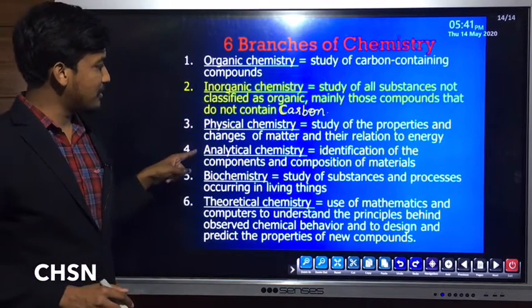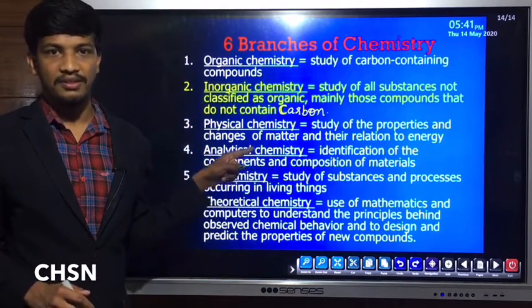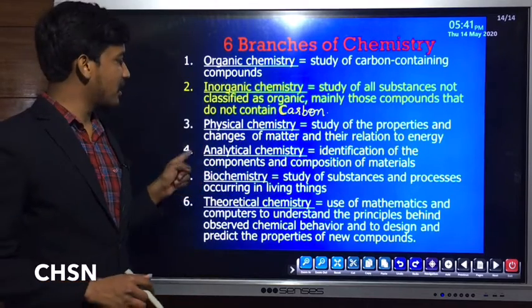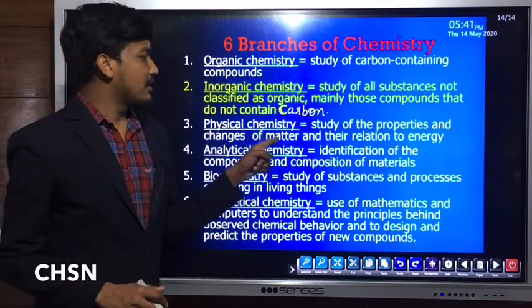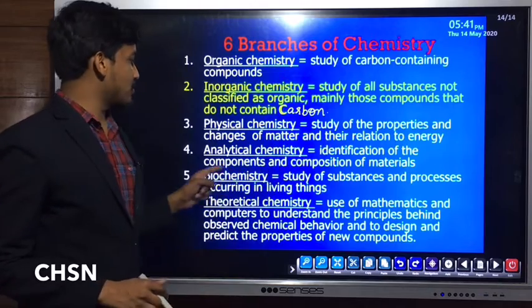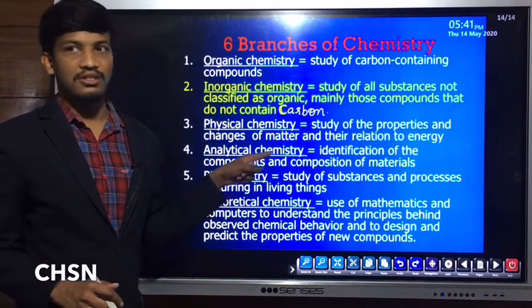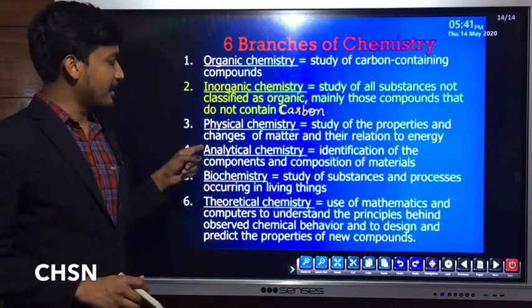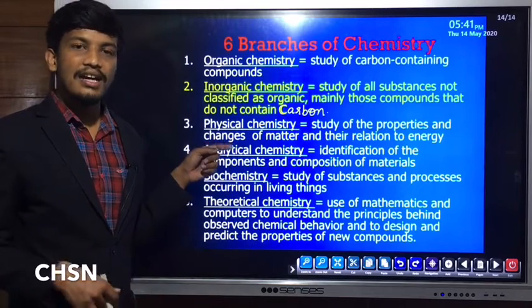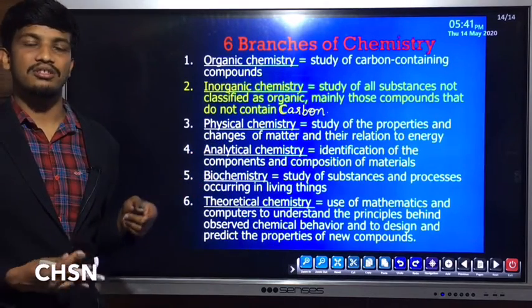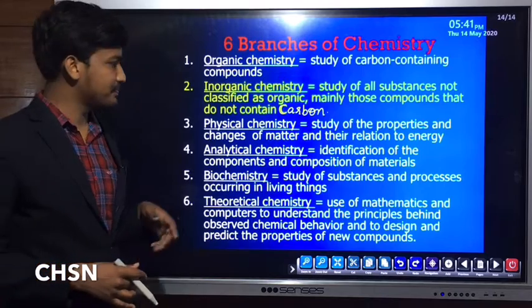Now, fourth one, analytical chemistry. As the name suggests, analyze. Identification of the components and composition of materials. So in analytical chemistry we analyze the composition and the components of matter.